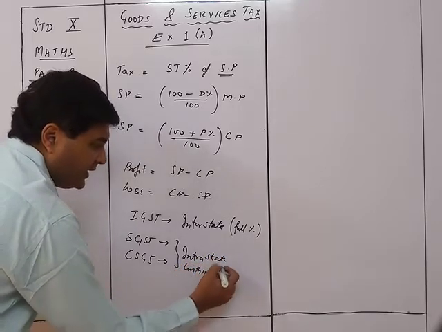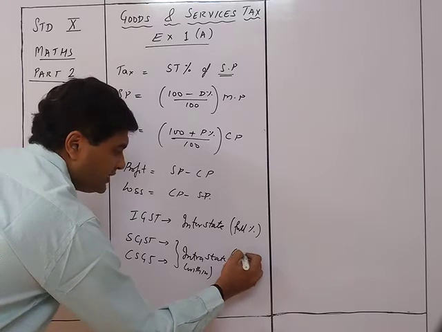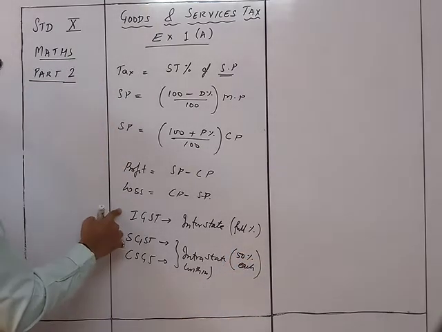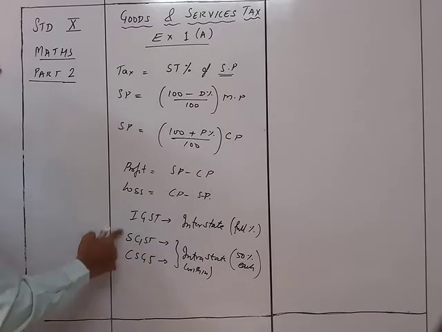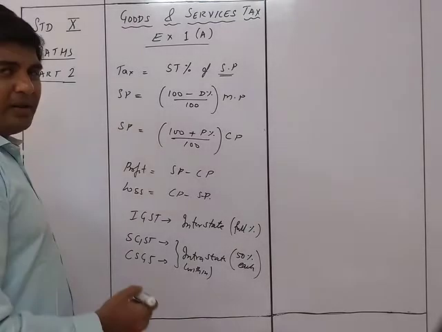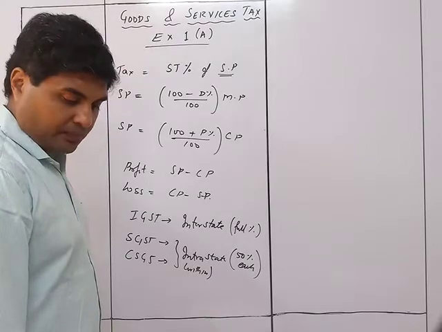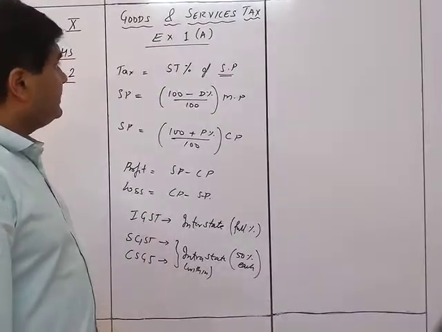Intra means within the state, and that is 50% each. So if this is 18%, this will be 9% and 9%. If this is 10%, it will be 5%, 5%. If this is 20%, it will be 10%, 10%. This is the formula you will be requiring for this exercise as such. Yeah, this is about the first part.